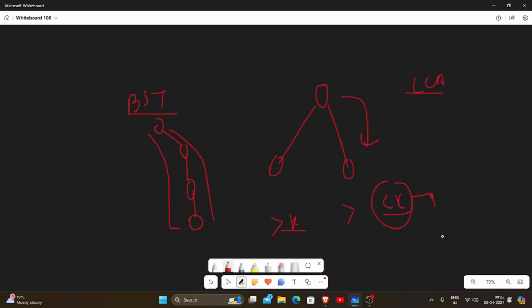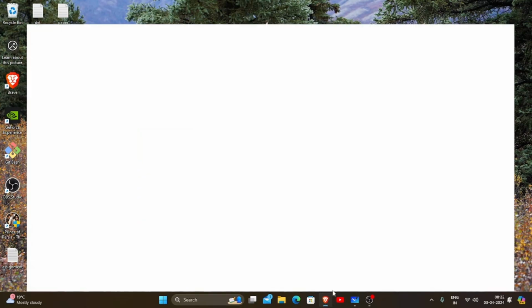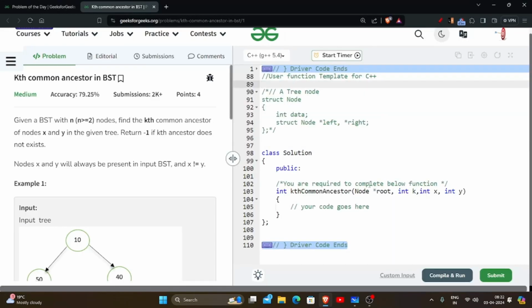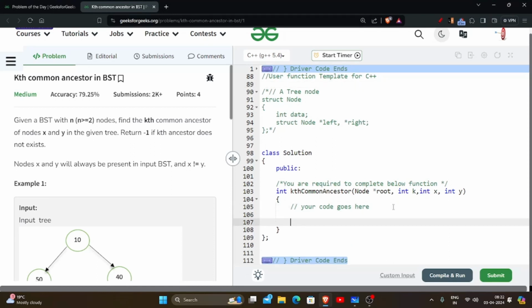And now let's move to the coding part. Let's come to the code. Let me first reset this. So first thing, we need to find the first or the lowest common ancestor. So let me call one function, lowest common ancestor.